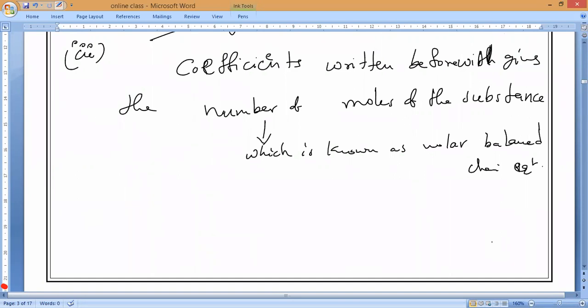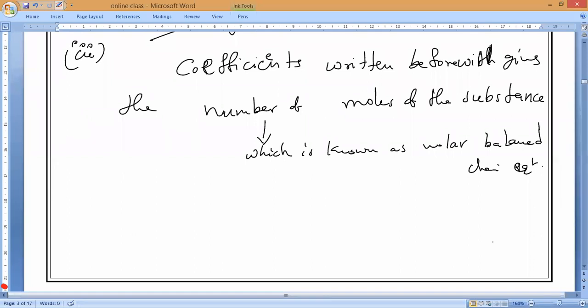Also remember, the remaining points are the same. You can see the amount of particular reactants required. If you write the balanced equation, what reactants are required and how much they require, everything you will get the information. That is the same point every time.